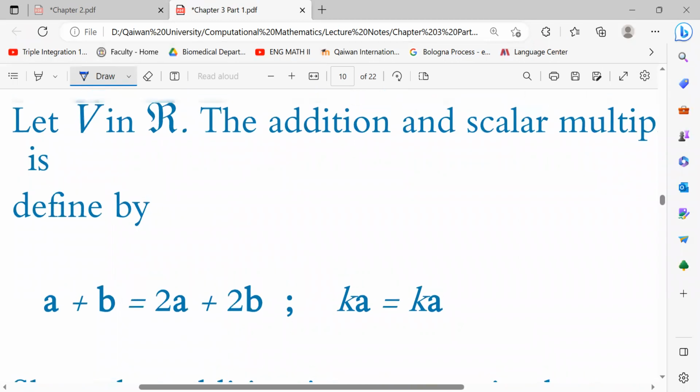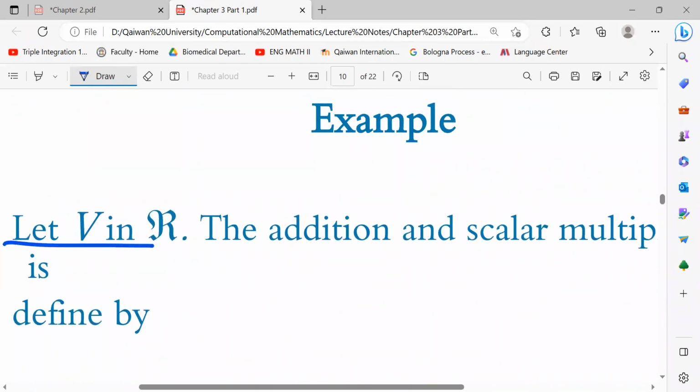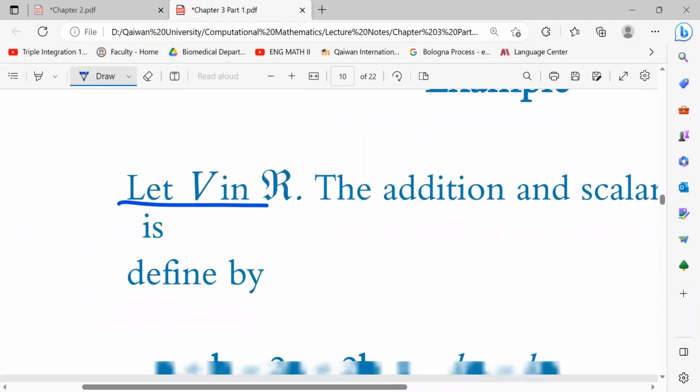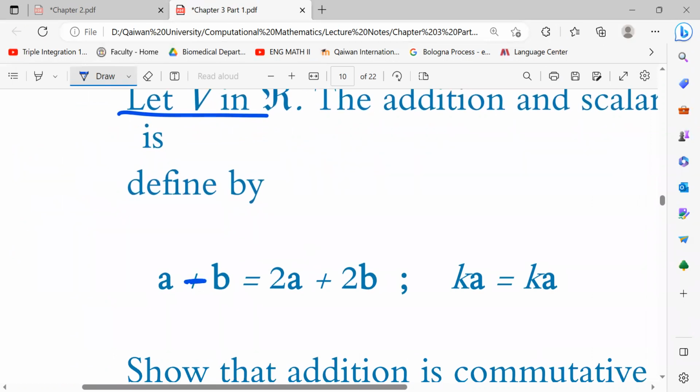Here it says V is R squared. The addition and scalar multiplication is defined by this. It says (a) plus (b) is equal to 2a plus 2b.